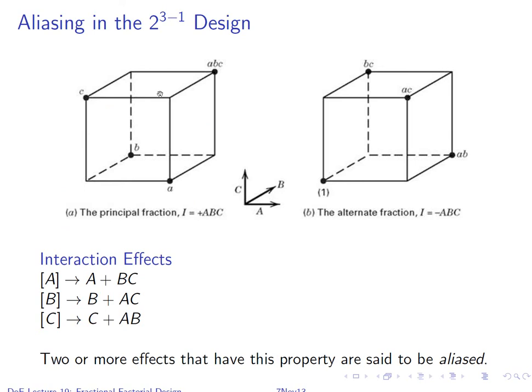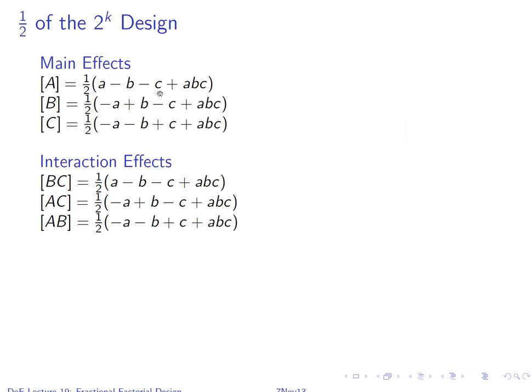Now I'm going to briefly turn back to the previous slide to talk about the interaction effect, and you'll notice that the defining relationship for the main effect A is 1/2 A minus B minus C plus ABC. The defining relationship for the two-factor interaction effect BC is the same, 1/2 A minus B minus C plus ABC.